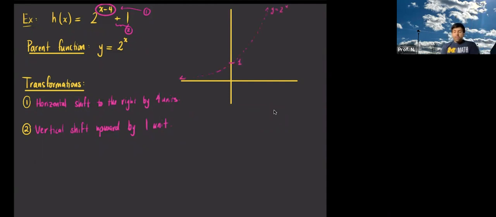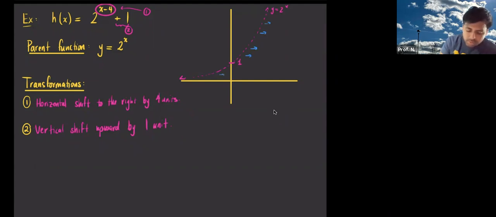But then what am I going to do to this parent function? I'm going to shift it over to the right by 4 units. So how does that look? It looks like something that's moved over to the right. Using the arrows might be helpful to indicate what's going on.